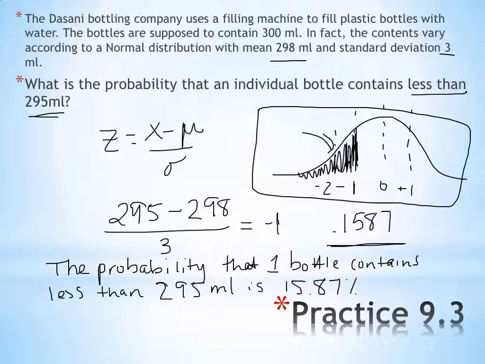So if you think about that, let's say the Dasani bottles say 298 milliliters on the label. Well, 15.8% of the time it's sometimes less than what it says on the bottle.